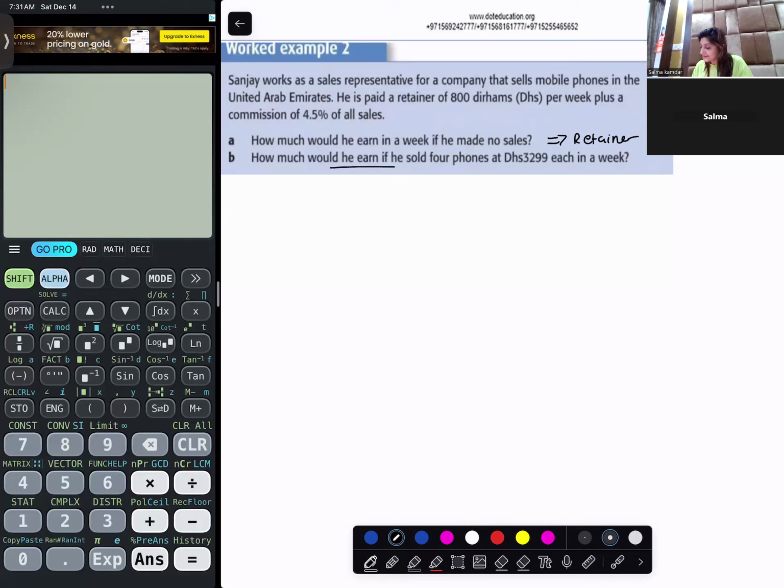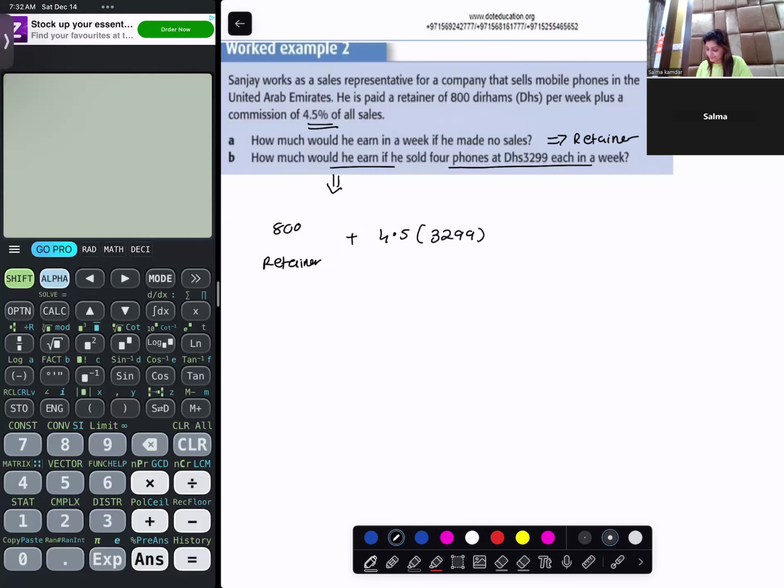How much would he earn if he sold 4 phones at 3299 in a week? So if he is selling 4 phones, the first thing is he's going to get his retainer. Apart from that, he's going to get 4.5% of all sales. So he's going to get 4.5% of 3299 AED.